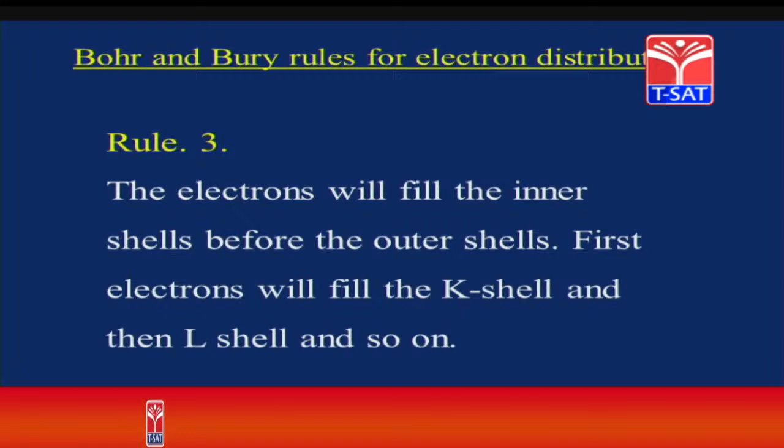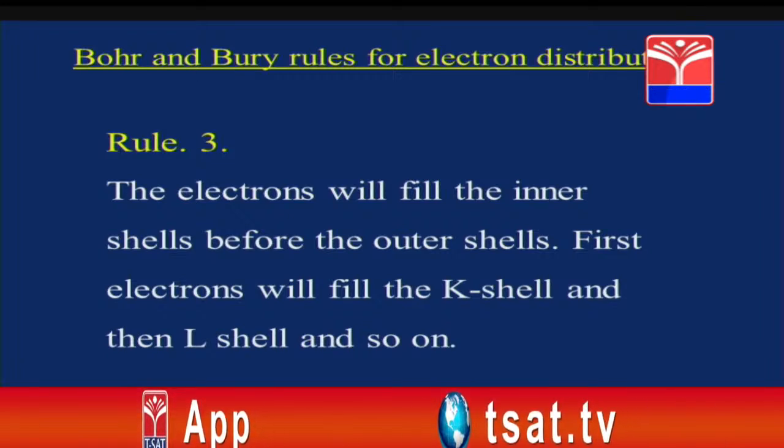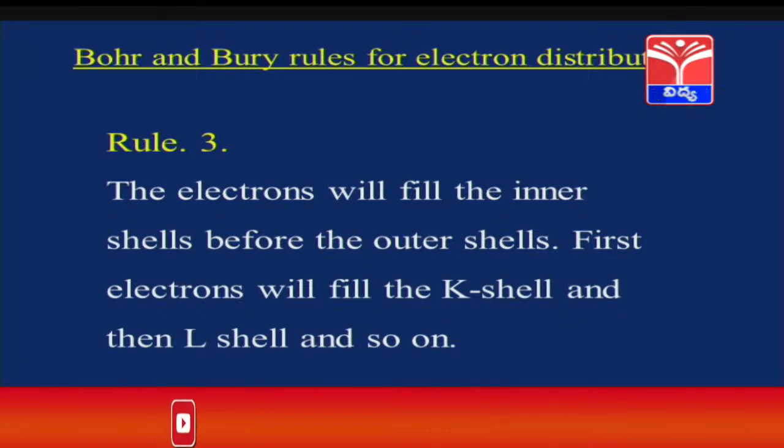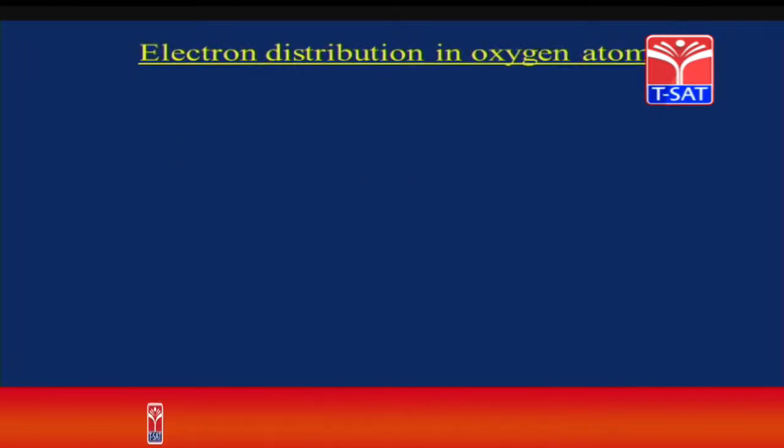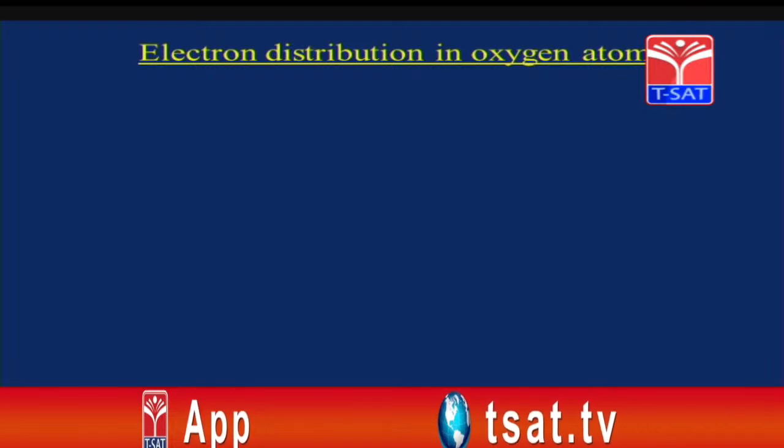And the third rule is the electrons will fill the inner shells before the outer shells. The electrons will fill the K shell first and then L shell and so on, based on their increasing energy order. For example, we will discuss electron distribution in oxygen atom.